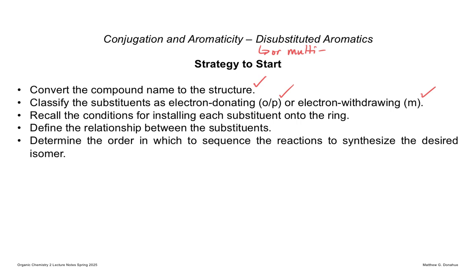Recall the reaction conditions for installing each substituent onto the ring. So those are the reactions. Make sure you define their relationships. And then the most crucial part, the last thing, determine the order. So you know the reactions, now you have to sequence them properly to get them into that relationship.